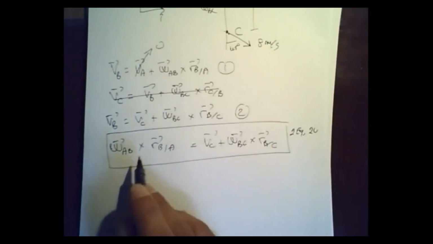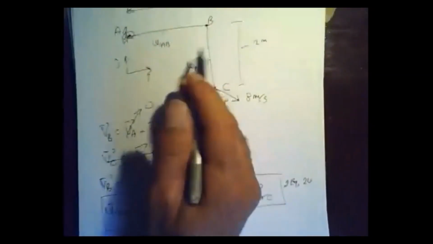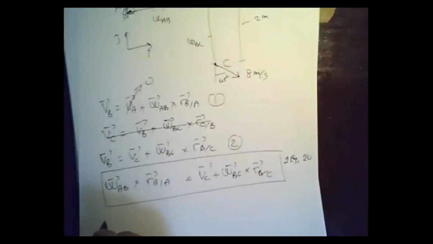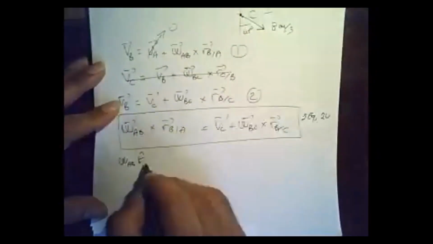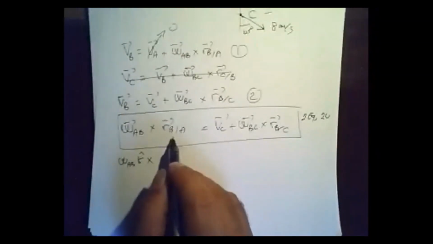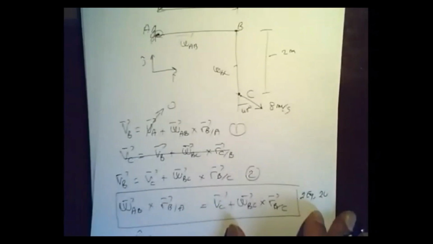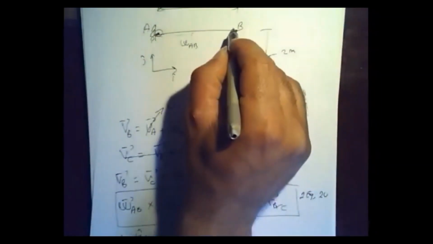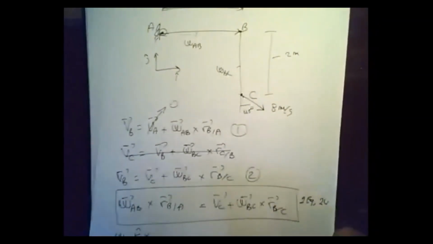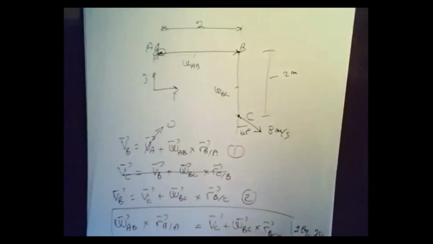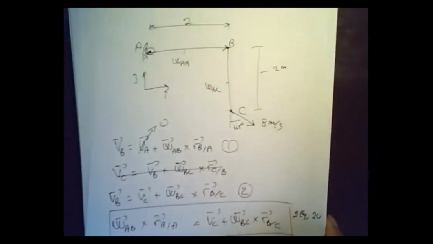What is omega AB in this case? We don't know, but we're going to assume omega AB is in a positive K direction. So omega AB K cross, what is RB with respect to A? Is it minus 2i?